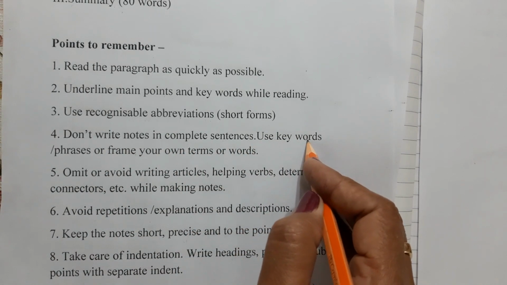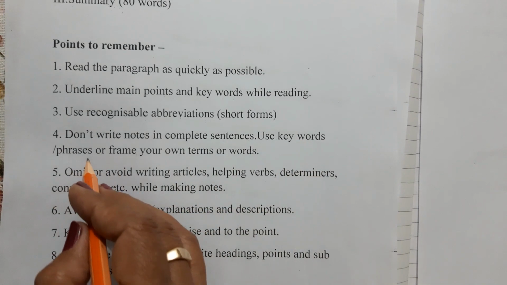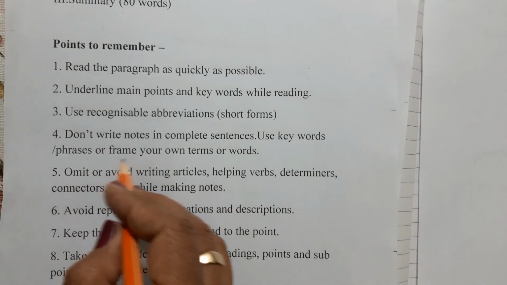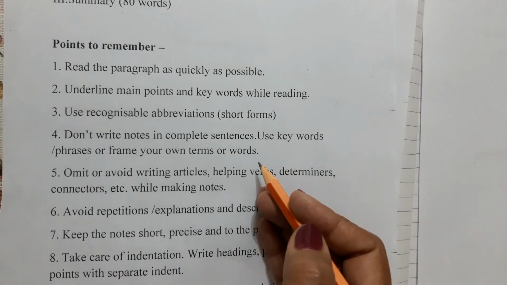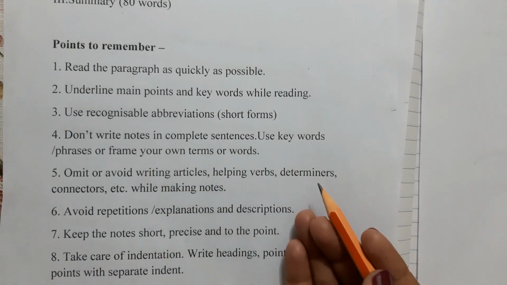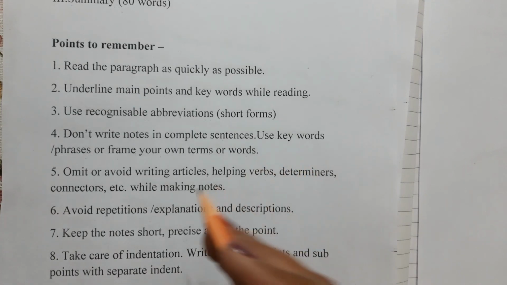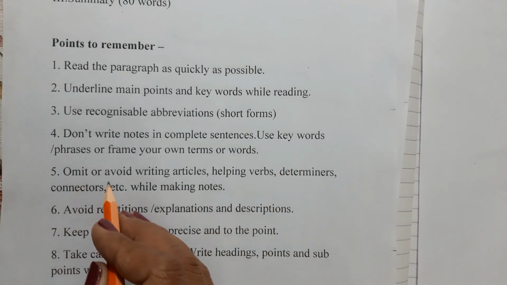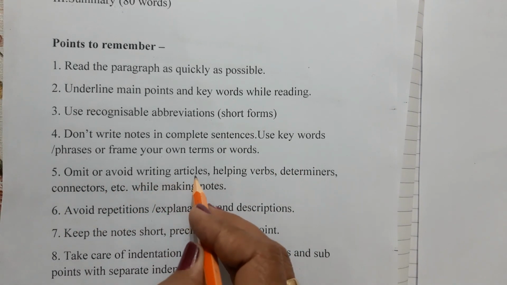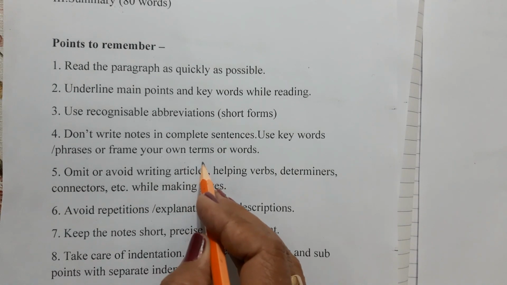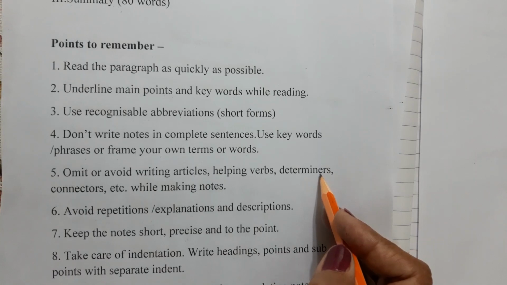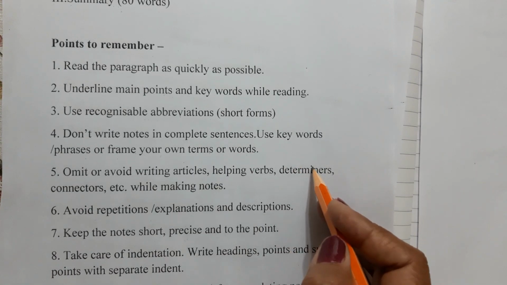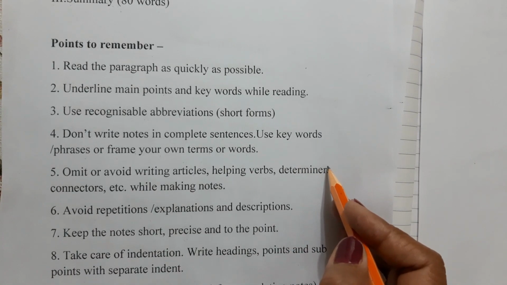We can use some keywords from the passage, phrases from the passage, or we can frame our own terms or words in order to explain the idea given in the passage. We should omit or avoid writing articles, helping verbs, is, am, are, was, were, and determiners, some, few, many.